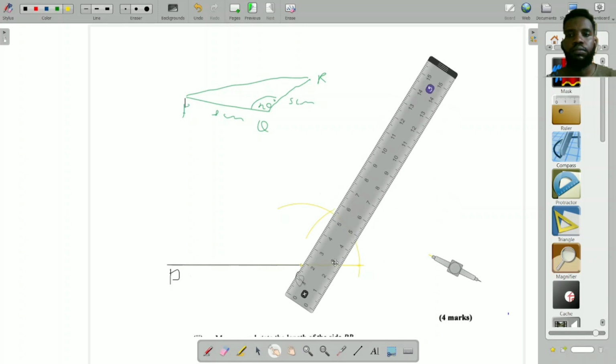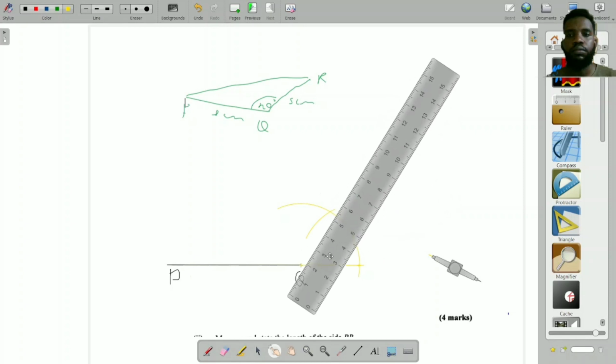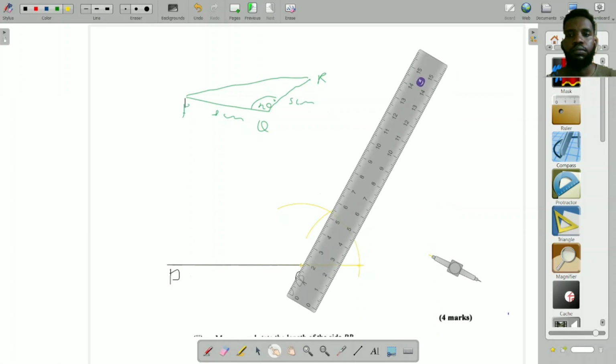So I need to take this around a bit more, right through there. It needs to be exactly there. Take it down some more. I need to ensure that these points are lined up perfectly so I don't make any mistakes. Now I'm going for 5 centimeters. So let me just bring the 0 point up here.